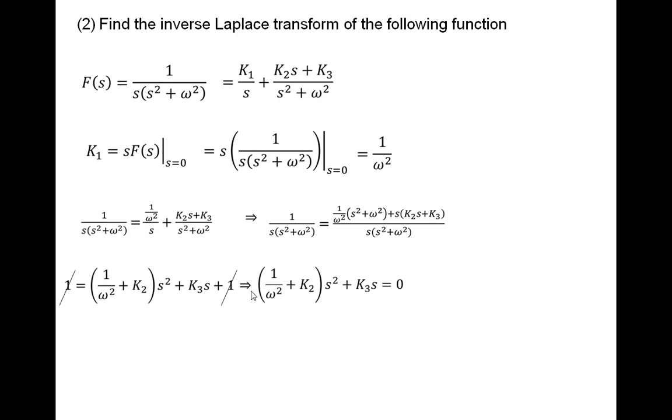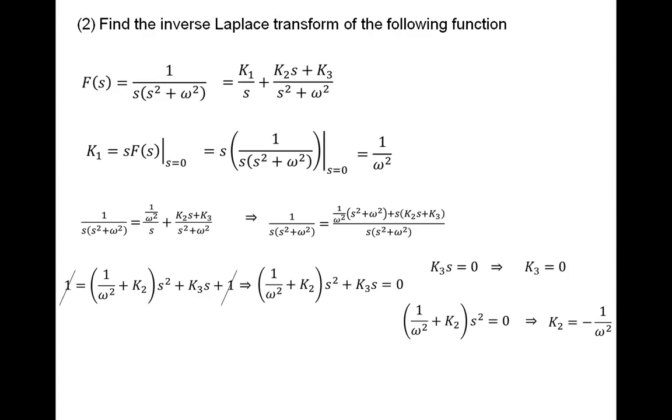So the result will be 1 over omega squared plus k2 s squared plus k3 s equal to 0. So I put k3 s equal to 0, thus the value for k3 will be 0, and putting 1 over omega squared plus k2 multiplied by s squared equal to 0, it means k2 is equal to minus 1 over omega squared.